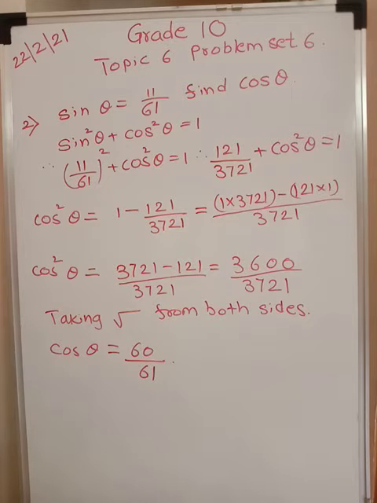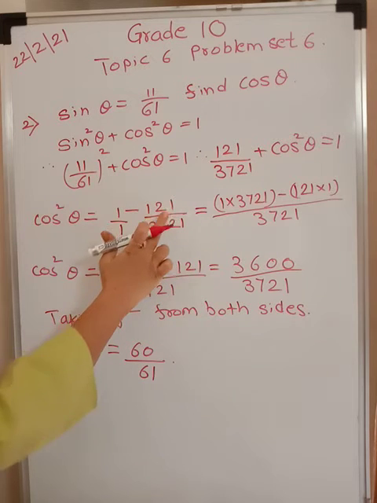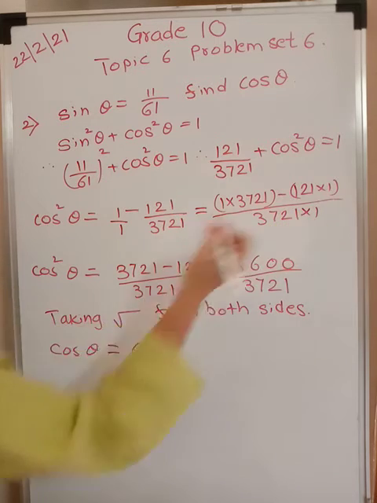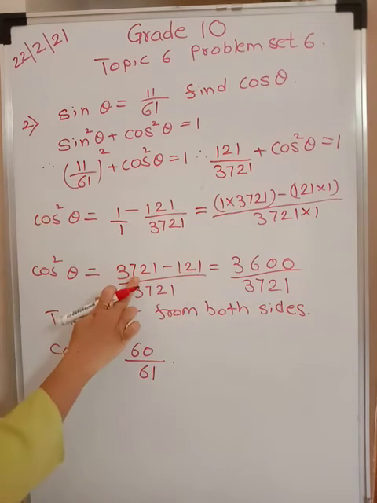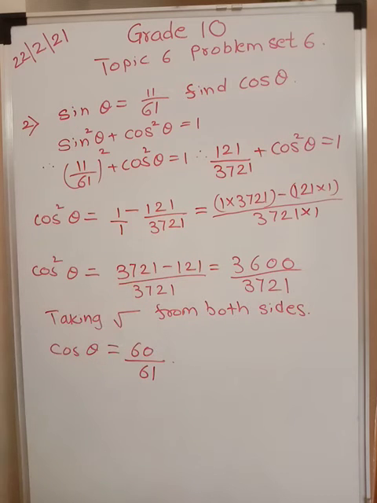Now 1 means it is 1 upon 1. You understand this. So we are just cross multiplying. So 3721 into 1 minus 121 into 1 upon 3721 into 1, you can write again. So this value is 3721, minus 121 upon 3721. Subtraction of this comes out to be 3600 upon 3721. So cos square theta we got 3600 upon 3721.